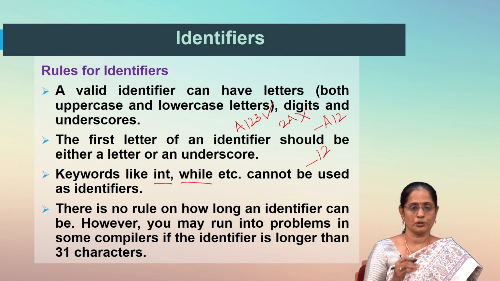So, we are supposed to name only with identifiers which are not used as keywords. And there is no fixed rule for every compiler on the maximum length of the identifier. However, it is limited to 31 characters.